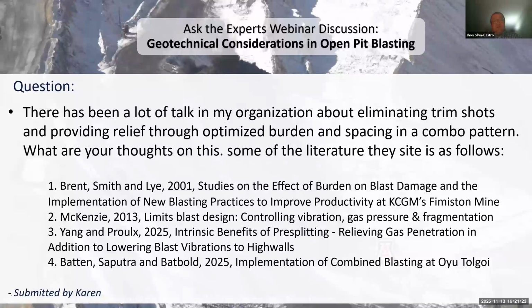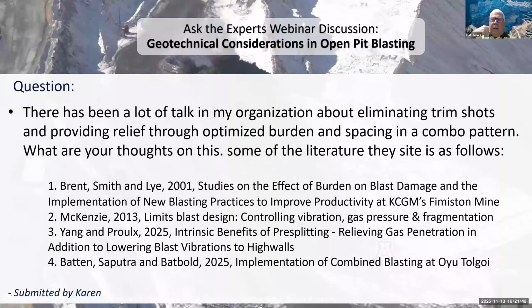So it's not that simple to say let's not use the trim shots. No, you have to even try, do trials. The end goal is to protect the slope. Don't push the energy to the slope. So it's not a single answer. It's kind of like that. So, yeah.